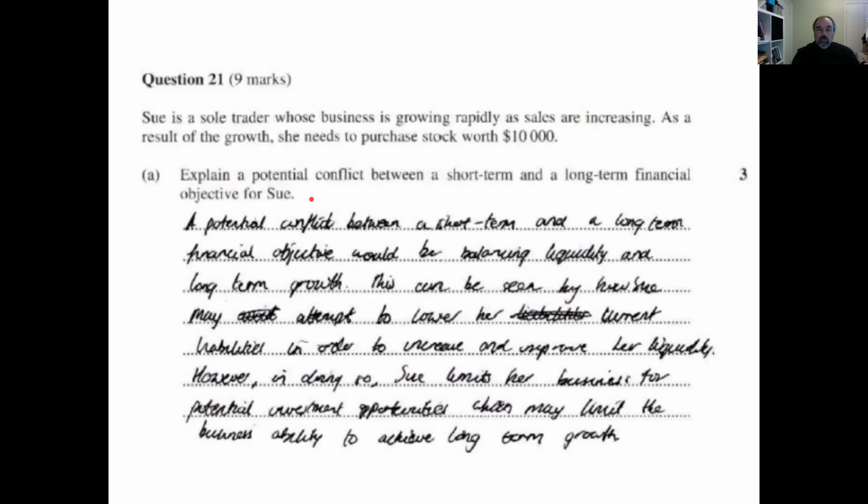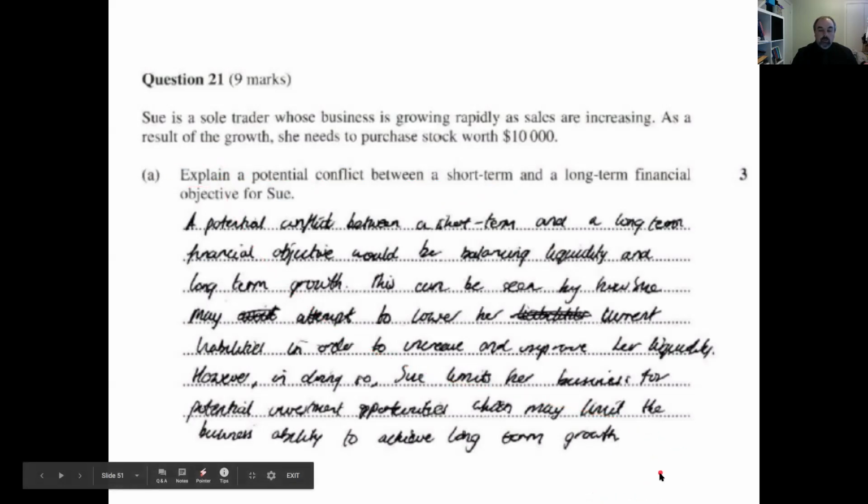So we know that this particular question comes from the finance topic, it comes from under the role, and part of looking at the role and looking at the objectives was this short and long-term conflict that can occur. So let's have a look at the way the students answered the question. We've got our explain question first of all.